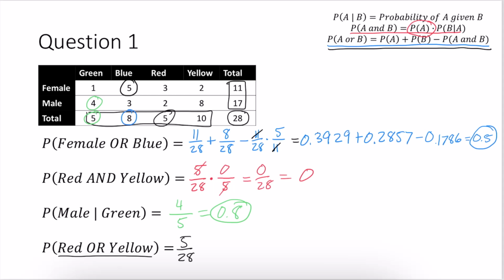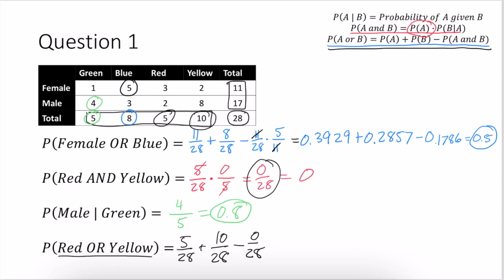Then the probability of choosing a student whose favorite color is yellow is 10 out of 28. And then we would subtract the probability of choosing a student whose favorite color is red and yellow, which we found out earlier is 0 out of 28 from up here.